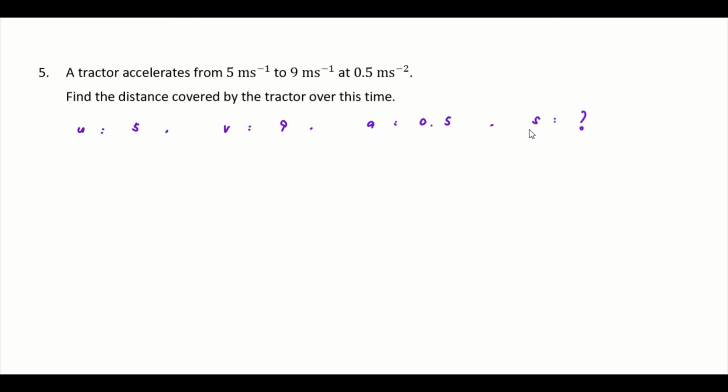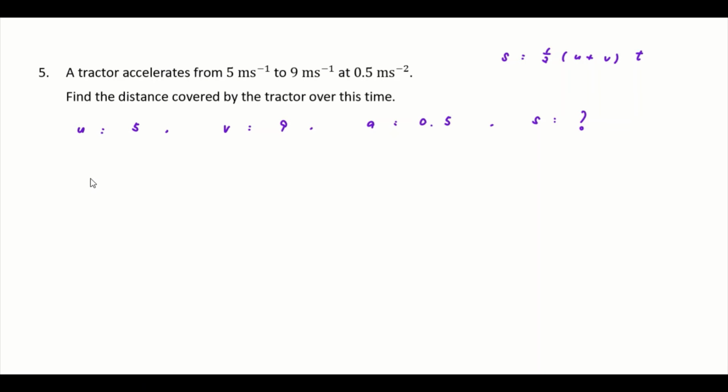To find s, we have the formula s equal to 1 over 2 u plus v, multiplied by t. The 1 over 2 u plus v gives you the average velocity, and multiplied by the time, you get the displacement. In this case, we do not have t, so we need to get t from the information given.